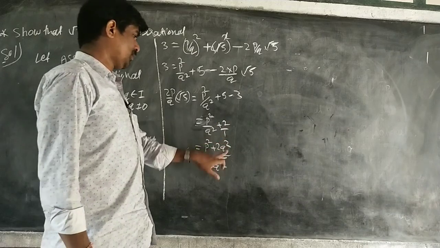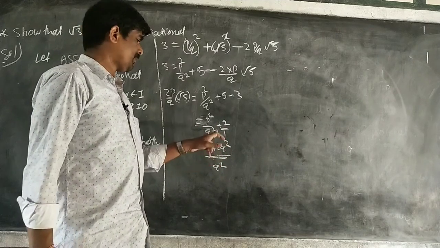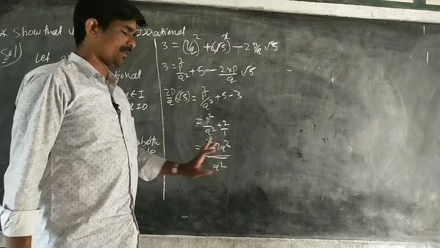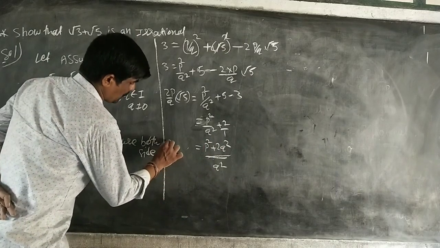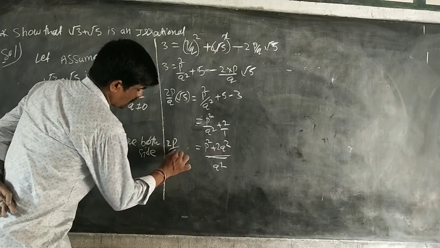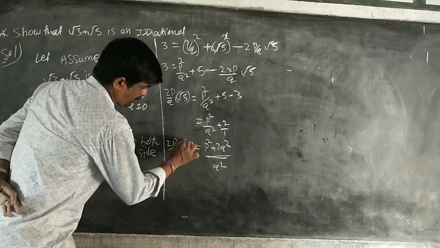The LCM is q square only. Here, 2p by q under root of 5. Next.